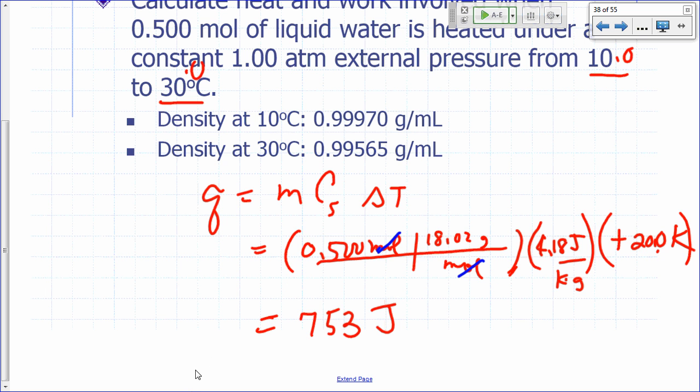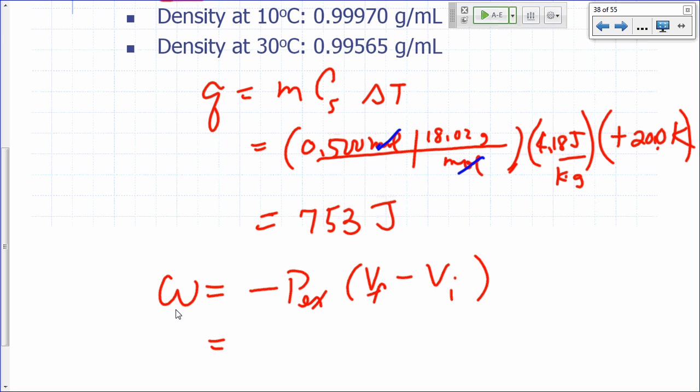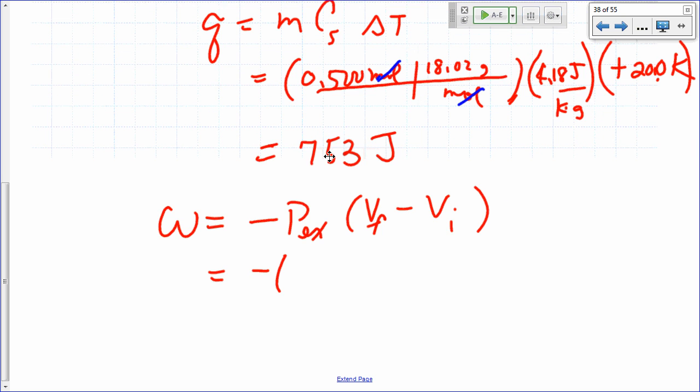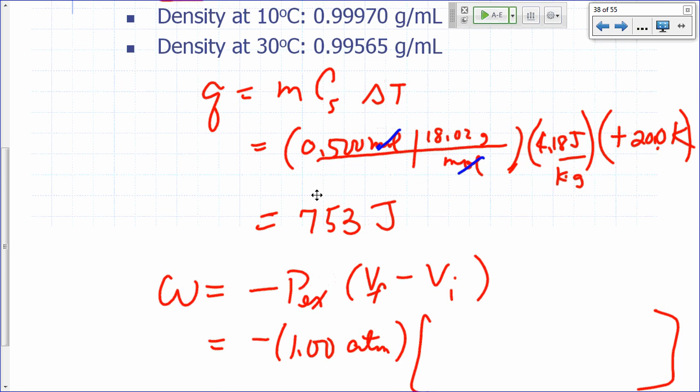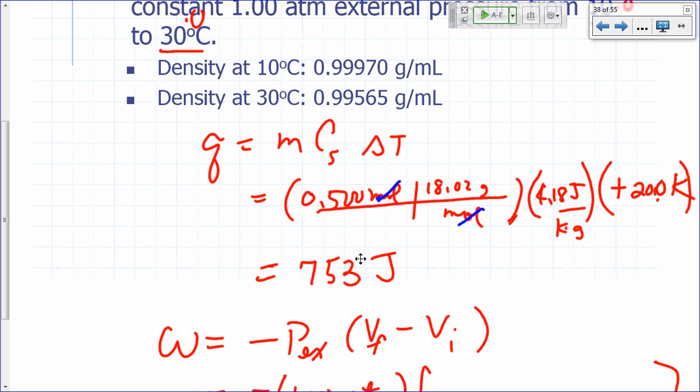All right. How about the work involved here? Work is minus P external times V final minus V initial. What's our external pressure? One atmosphere. What's our V final and what's our V initial? If you're given the density, how do you get volume from density?